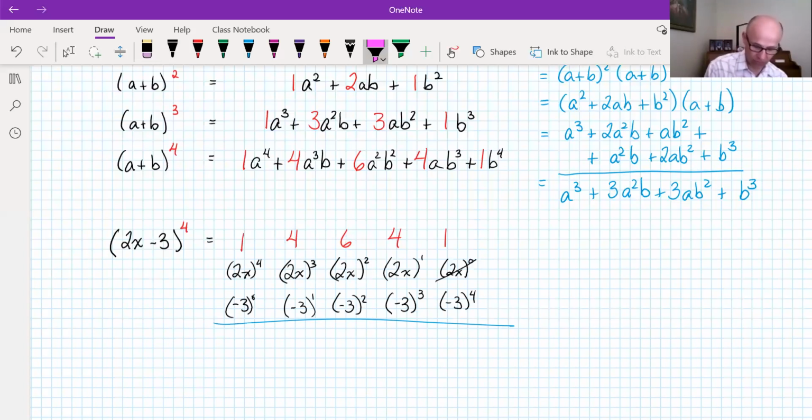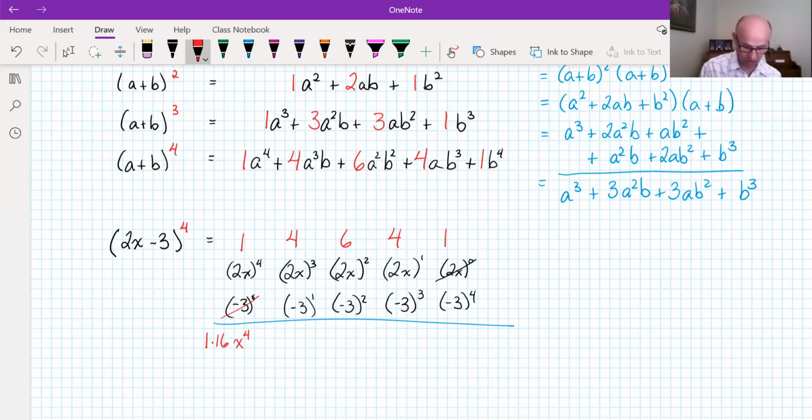So in my first row, this is the one that I'm looking at right now, I'm going to end up with a 1, 2 to the power of 4 is 16, negative 3 to the power of 0 is 1, and x to the power of 4 is x to the power of 4.